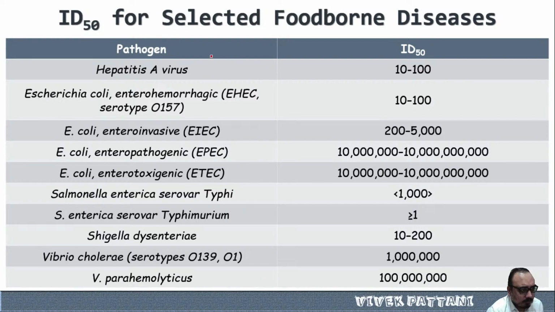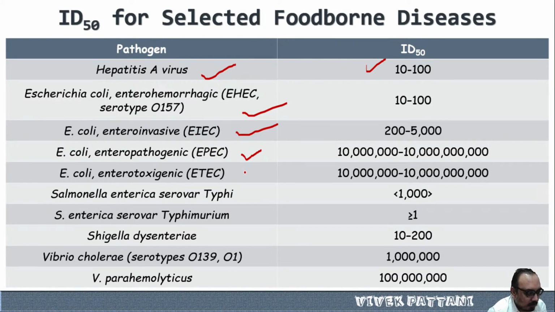I'm just reading out these examples right now. Hepatitis A, ID50 is around 10 to 100. Escherichia coli enterohemorrhagic, 10 to 100 again. E. coli enteroinvasive, EIEC, 200 to 5000. E. coli enteropathogenic, more than 10 million.